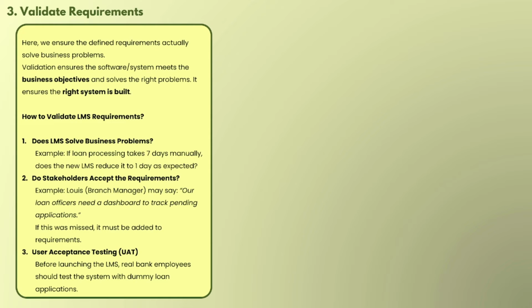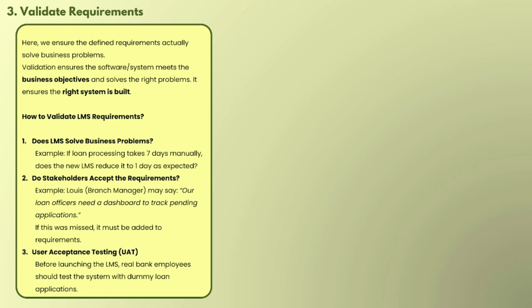If this was missed, it must be added to the requirement, because it is a requirement from the branch manager. Then the stakeholder may suggest adding this particular requirement to the requirement list, and we will add it so that the requirements are complete.